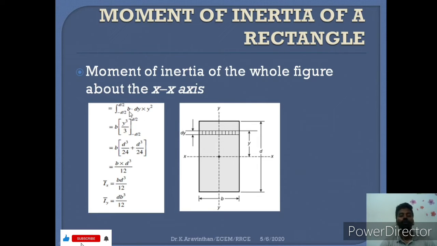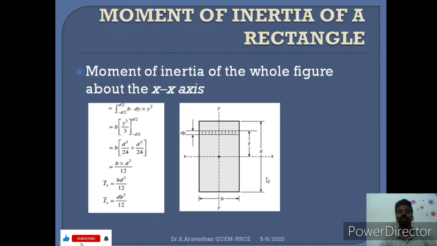So if you integrate the area into distance square, why integrate? Because there are n number of elemental strips. You can divide the rectangle into small elemental strips, each at its own distance. Hence, for all the top part of the x plane, the distance is assumed as y and dy. So if you integrate, you will get all the elemental strip areas.